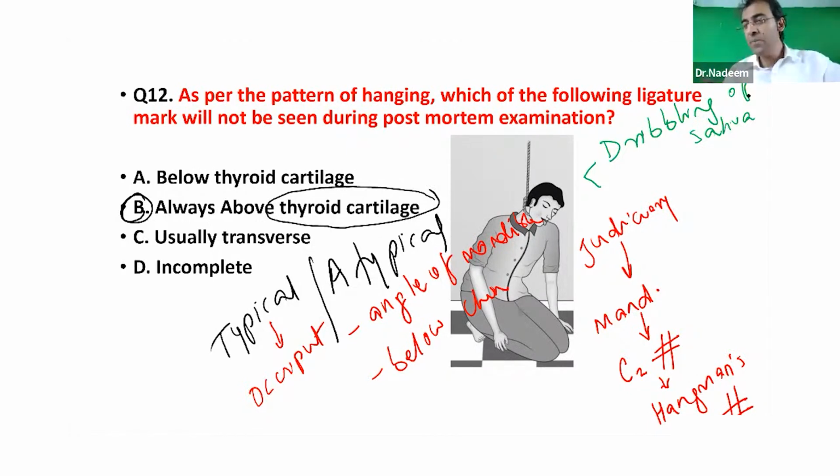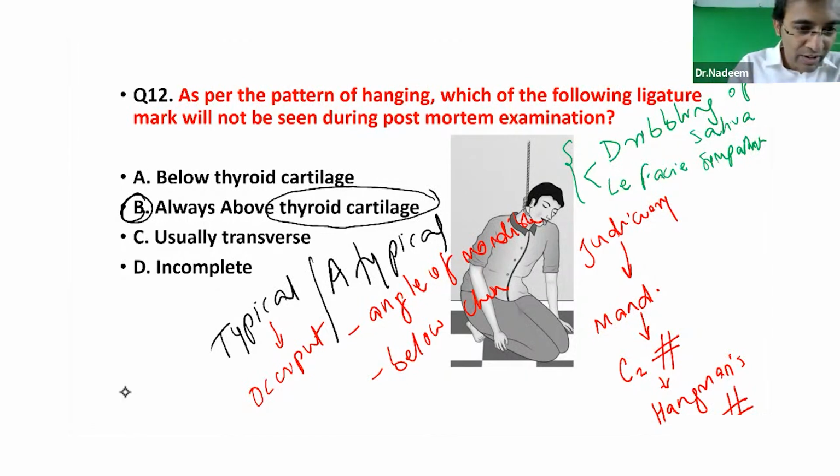One more thing: where the knot is placed over the cervical sympathetic chain, the eye of the same side will remain open. These two are ante-mortem signs. The surest sign is dribbling of saliva, a repeatedly asked question in MCI.